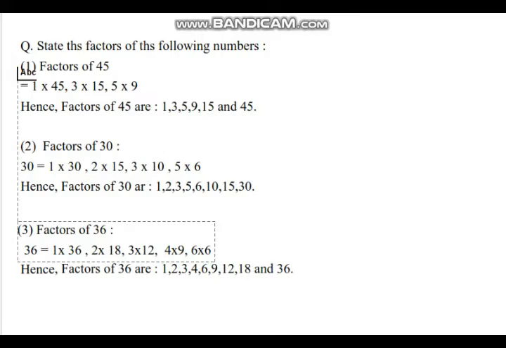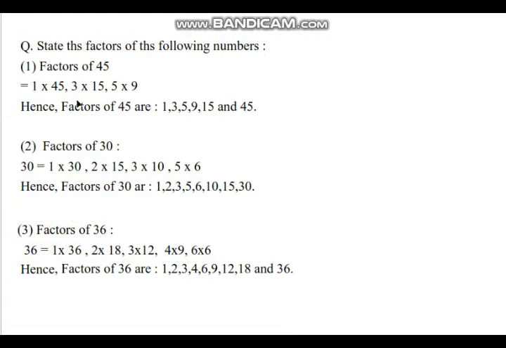And 1 is a factor of every number, every number is a factor of itself, and every factor of a number is an exact divisor of that number. 1 is the only number with only one factor, namely itself, and the number of factors of a given number are finite. So let's find out the factors of 45.